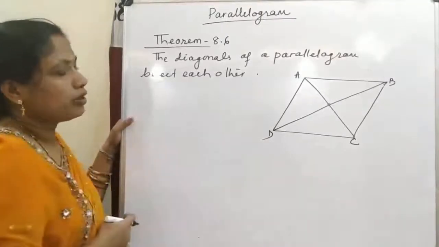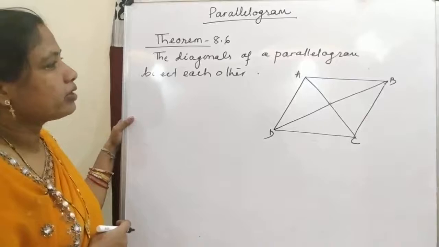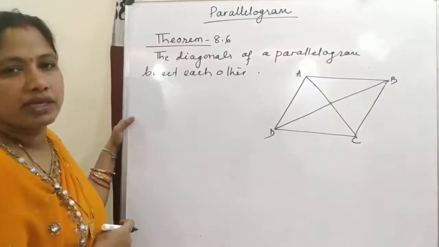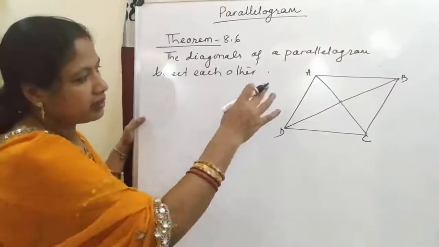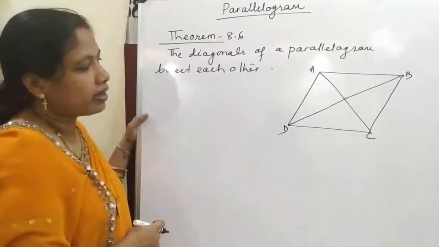Theorem 8.6: the diagonals of a parallelogram bisect each other. Here it is given that ABCD is a parallelogram.